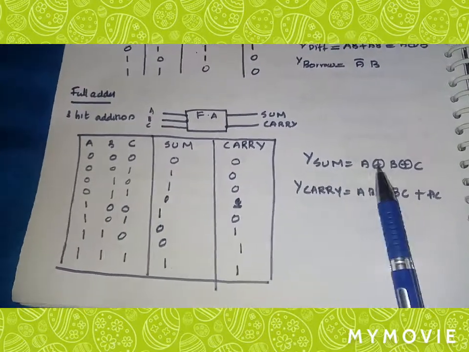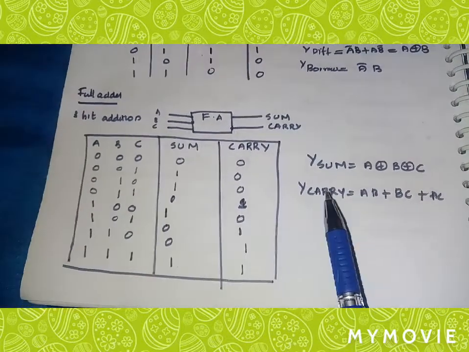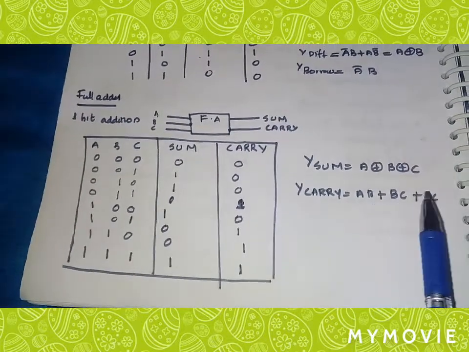So Y sum is A XOR B XOR C, and Y carry is equal to AB plus BC plus AC.